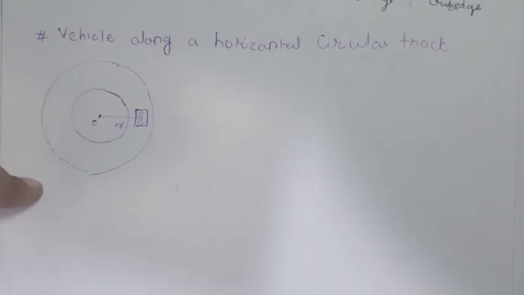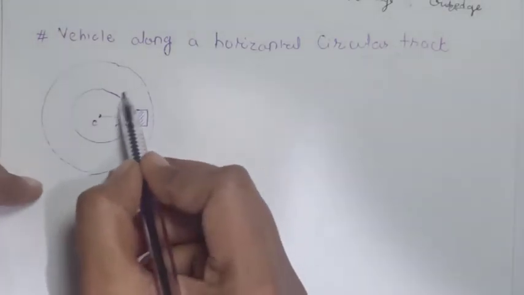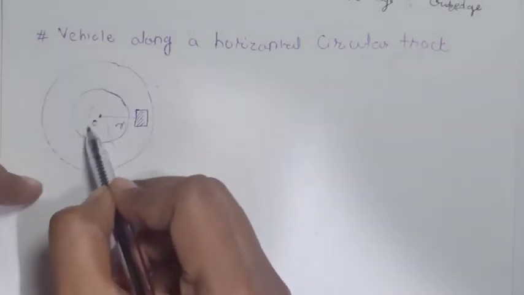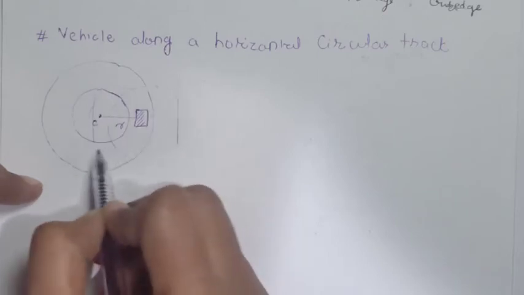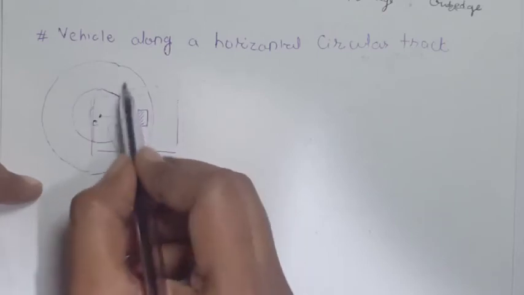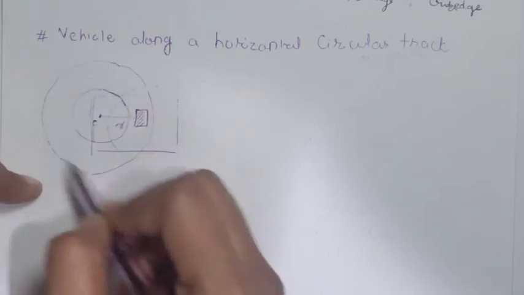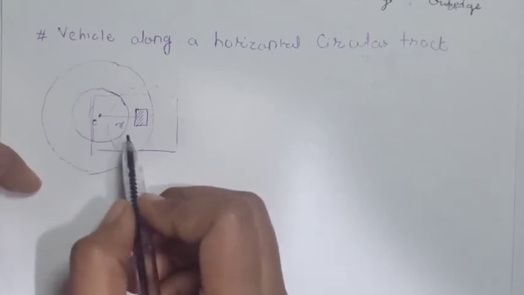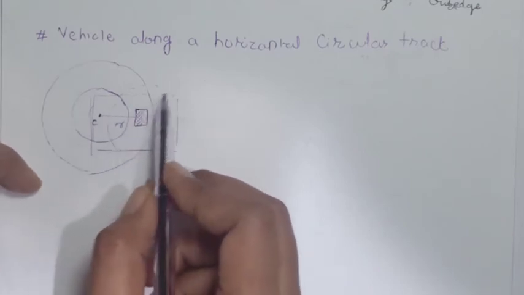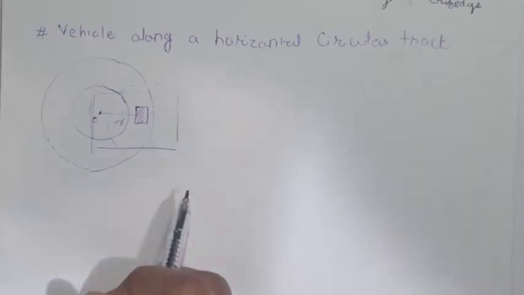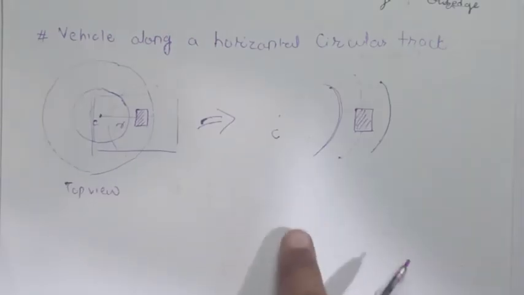To get the mathematical expression, we will consider only this part. We don't need to care about this part. We just have to formulate the mathematical expression, so we will consider this part. It will look like this.